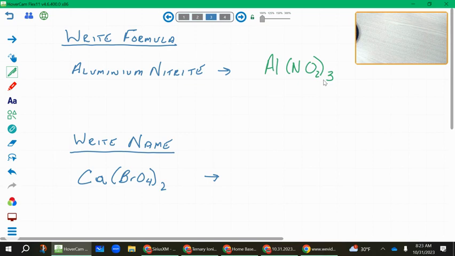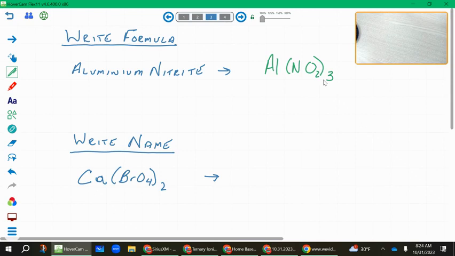Sulfate is SO4. Carbonate is CO3. So when sulfate loses an oxygen, it becomes sulfite, SO3. When carbonate loses an oxygen, it becomes carbonite, CO2.